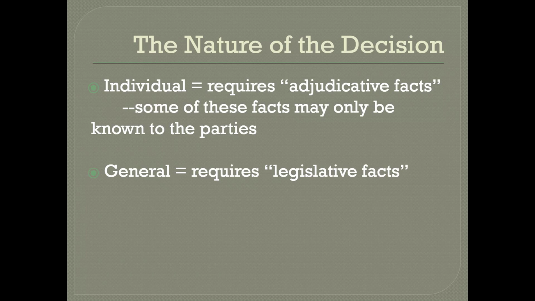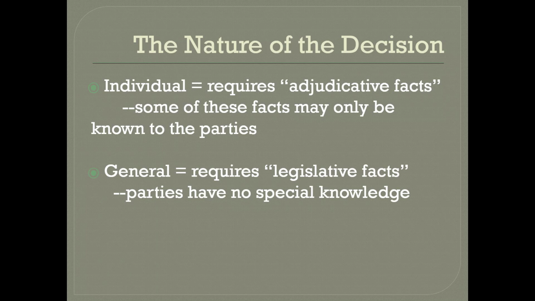Legislation or decisions that have a general effect don't require adjudicative facts. They only require what are known as legislative facts. Legislative facts are facts that don't require any special knowledge by the parties. So if the city is raising taxes by 40% across the board, well, everybody's just going to have that raised.